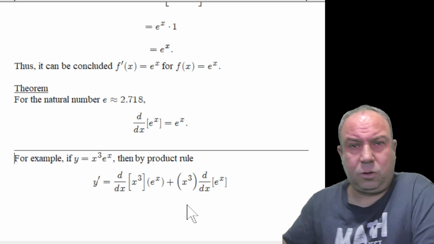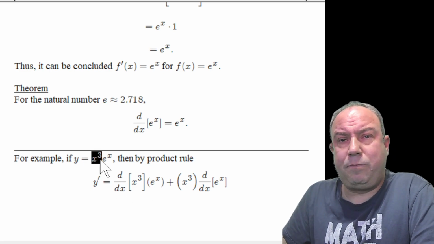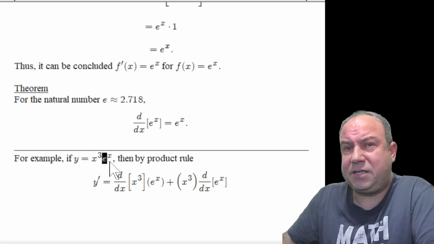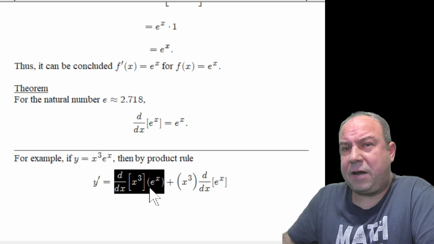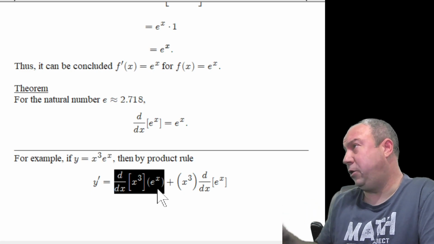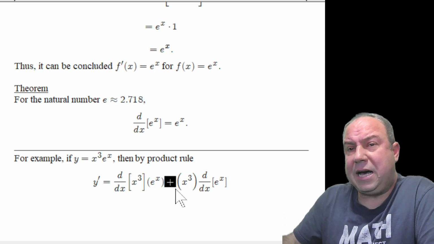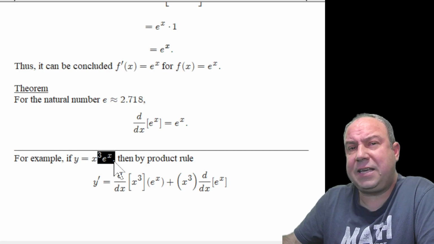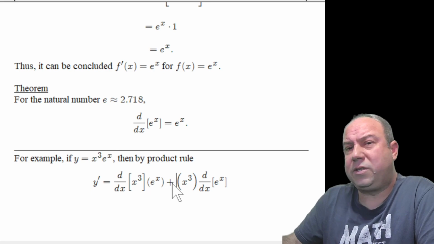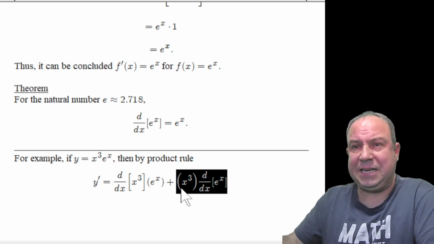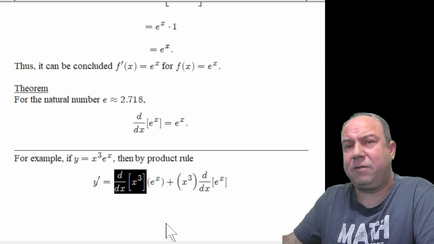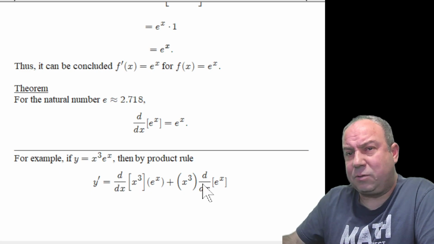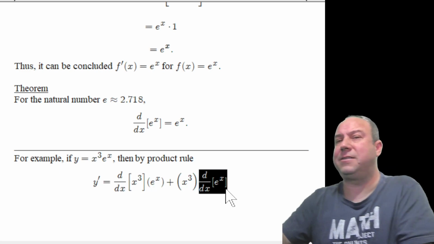From the product rule, it'll be the first factor's derivative times the second, the derivative with respect to x of x cubed times e to the x, plus the first factor times the derivative of the second, x cubed times the derivative with respect to x of e to the x. And we know what these two derivatives are. The derivative of x cubed is 3x squared, and the derivative of e to the x with respect to x is also just e to the x.